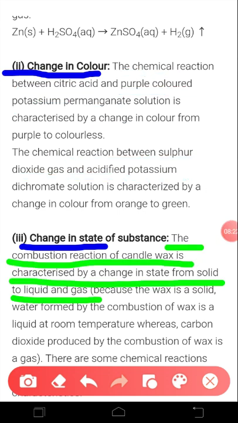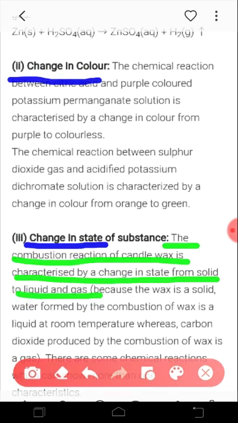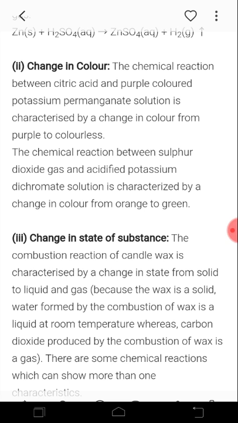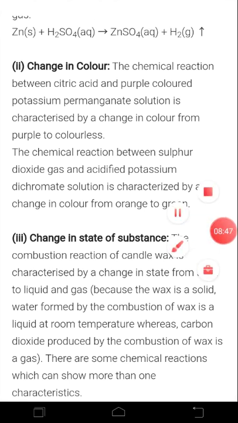Okay, so here you can see the change in state. The combustion reaction of candle wax is characterized by a change in state from solid to liquid. It will change the state from solid to liquid and gas, because wax is a solid. The liquid formed from wax is liquid at room temperature, whereas the carbon dioxide produced by the combustion of wax is a gas.